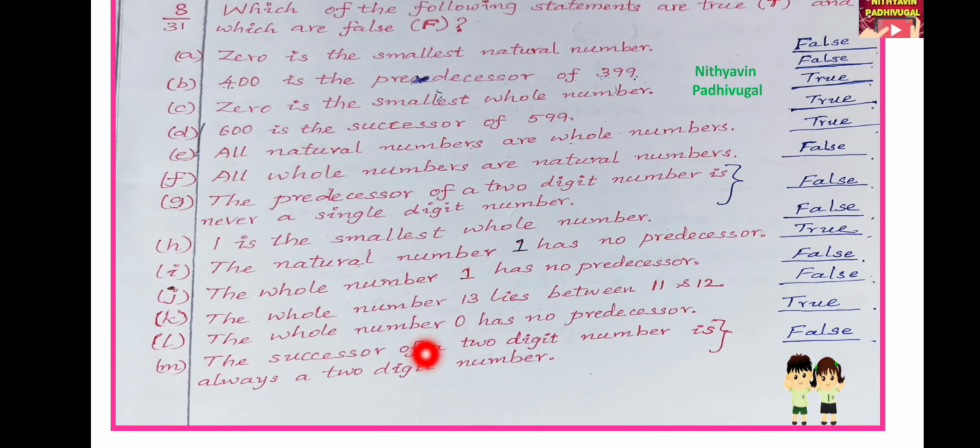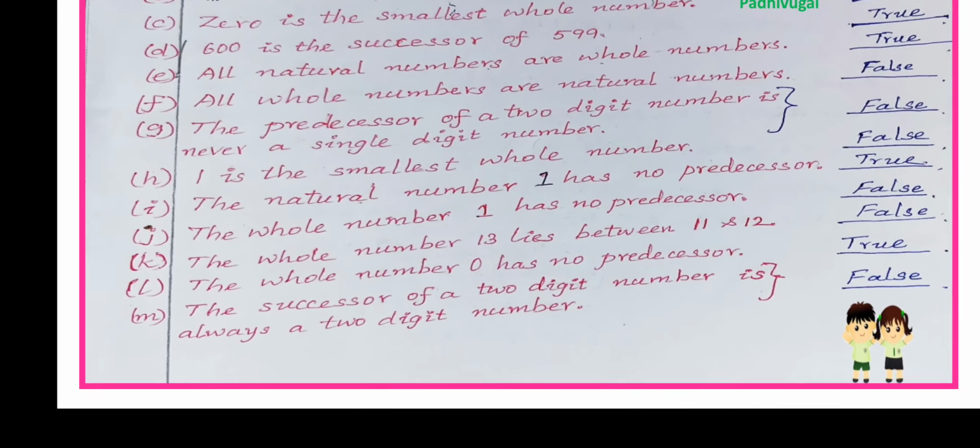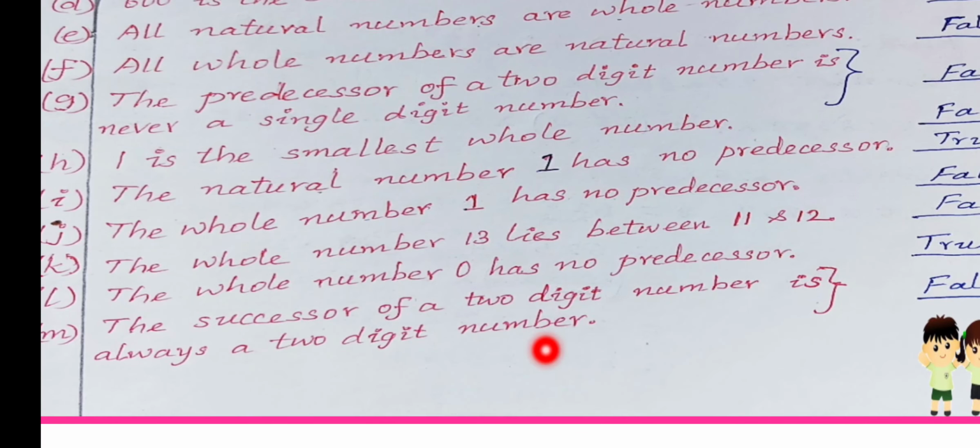The successor of a two-digit number is always a two-digit number. This is also false because, consider the largest two-digit number 99. Its successor is 99 plus 1, which is equal to 100, which is not a two-digit number, right?